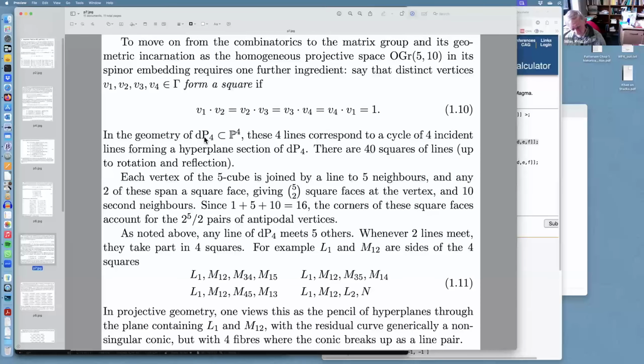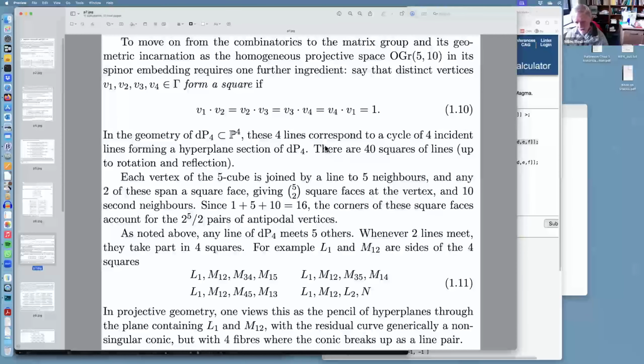That forms a hyperplane section of DP4. So if you take a general hyperplane section of DP4, you get an elliptic curve, and if I take V1 plus V2 plus V3 plus V4, like that, I get an elliptic curve that has had 4 little accidents. It's broken up as a union of 4 straight lines.